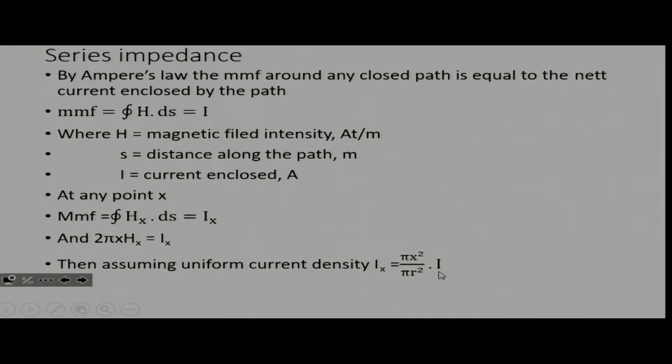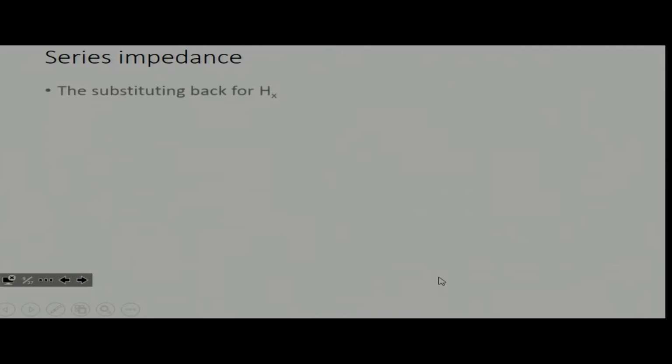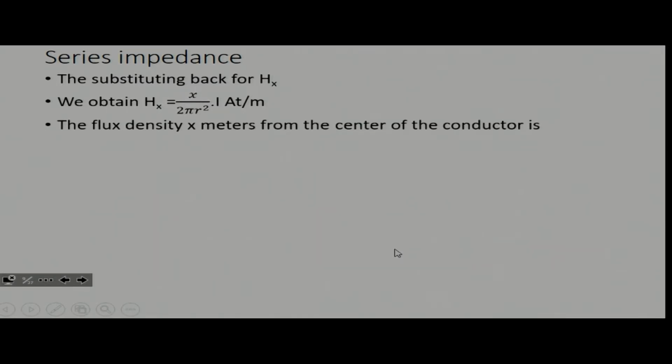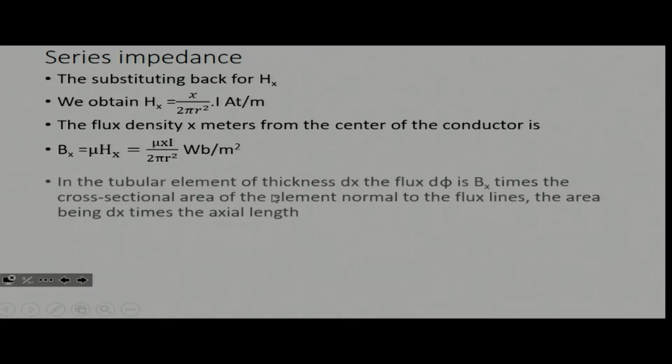So that's just the ratio. Now if we substitute it back for Hx, we obtain that Hx is equal to x divided by 2 pi r squared times I. The flux density x meters from the center of the conductor is Bx is mu Hx, which is equal to mu x times I divided by 2 pi r squared.